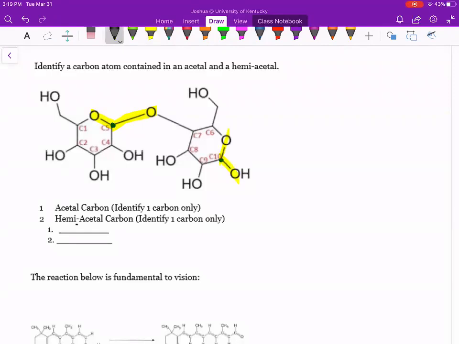Acetal carbon, C5, hemiacetal carbon, C10.